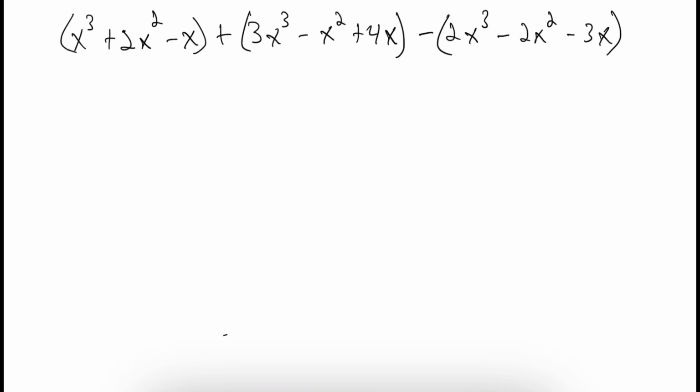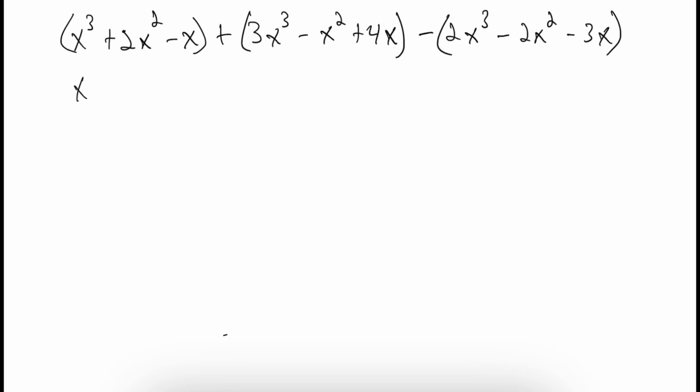Now we're adding and subtracting three terms. So our first one is x cubed plus 2x squared minus x, all in parentheses, plus 3x cubed minus x squared plus 4x, all in parentheses, minus 2x cubed plus 2x squared plus 3x. So first, as always, our first step is to change the sign in the one that we're subtracting.